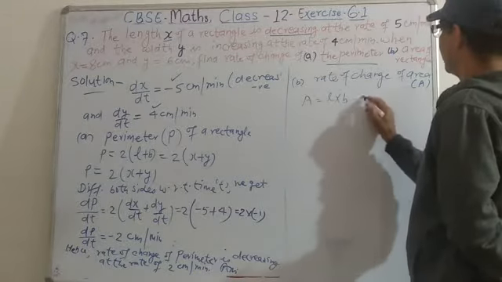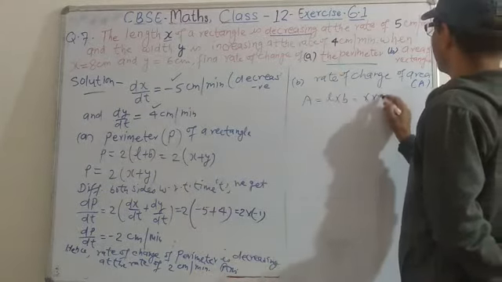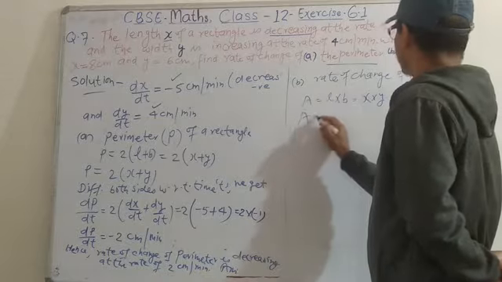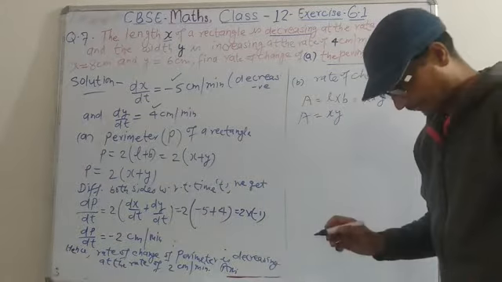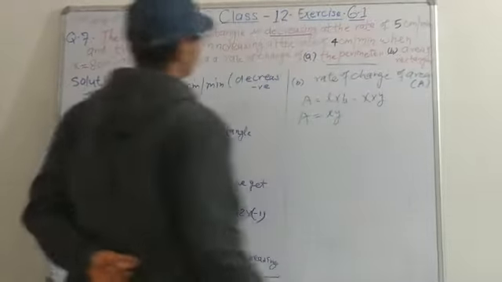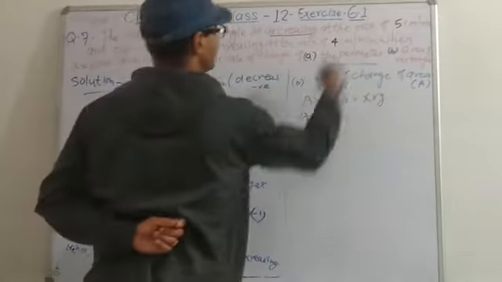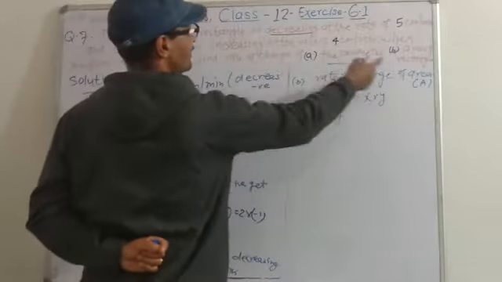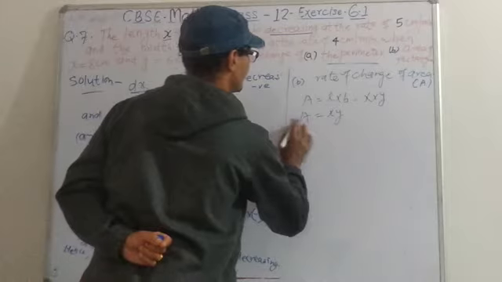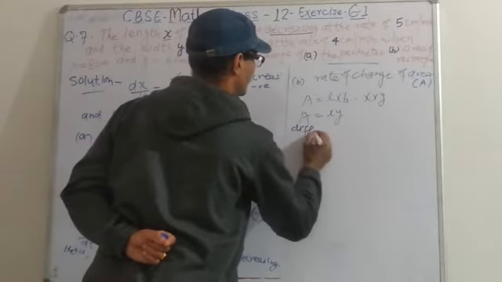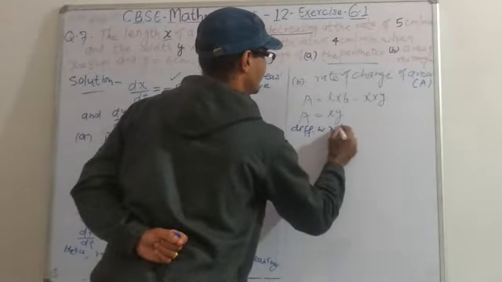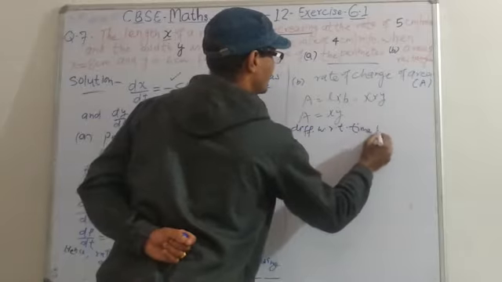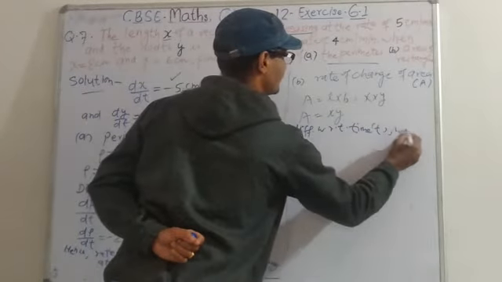So length is x and breadth is y. So area is equal to xy, and it is also changing, so rate of change with respect to time. So this also, differentiating with respect to time t on both sides.